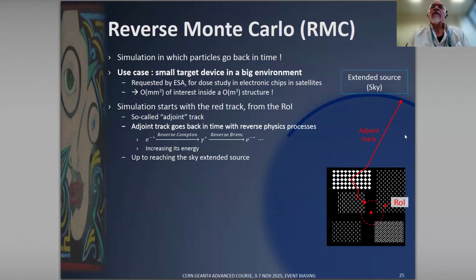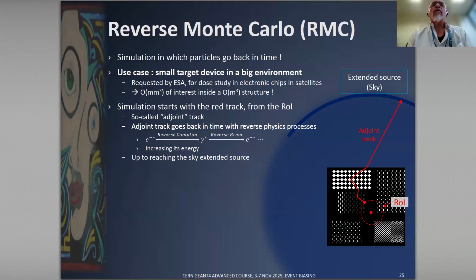So what you do with the reverse Monte Carlo is you start by defining a region of interest, which is surrounding the target volume. And then you have adjoint processes and adjoint tracks. That is, you start from an adjoint track on the region of interest. And this adjoint electron, in this case, will do reverse processes.